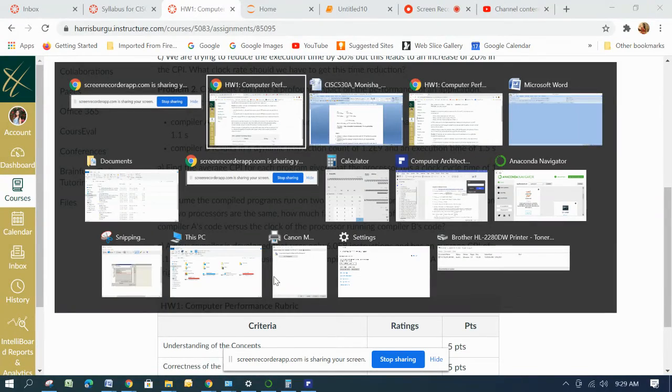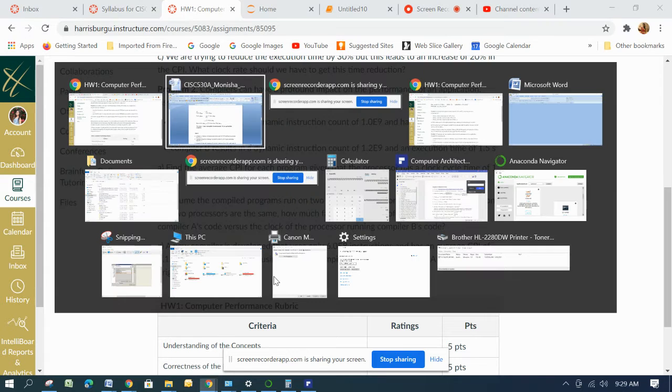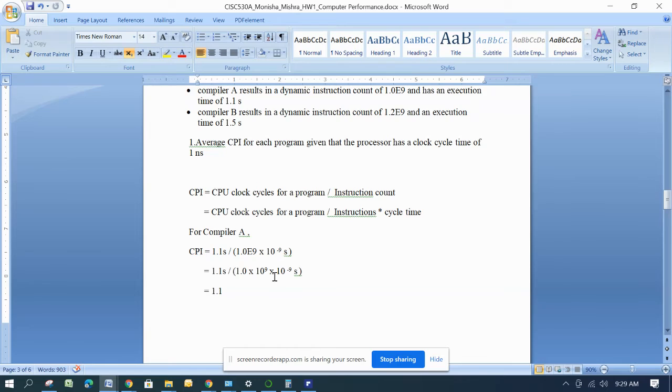Now the question is, find the average CPI for each program if the processor has a clock cycle time of 1 nanosecond. 1 nanosecond is 10 to the power minus 9. So CPI equals CPU clock cycles for a program divided by instruction count.